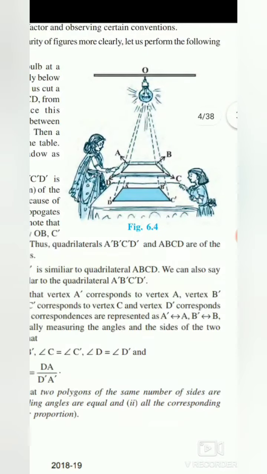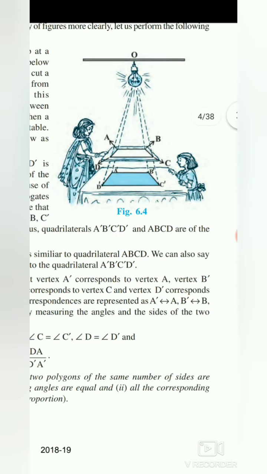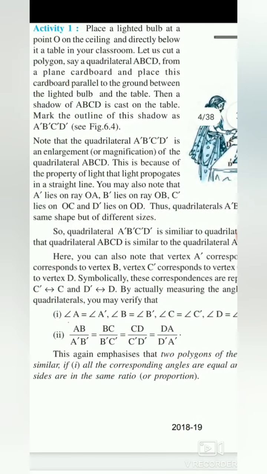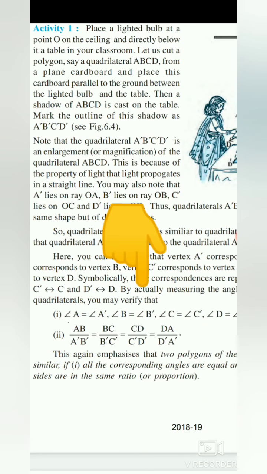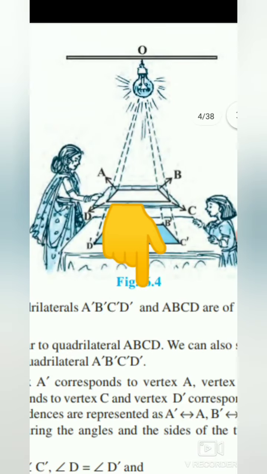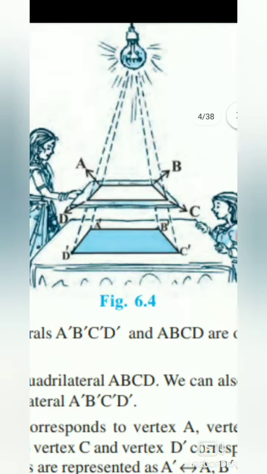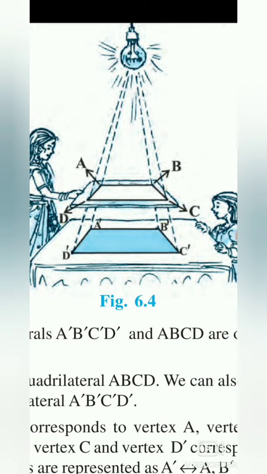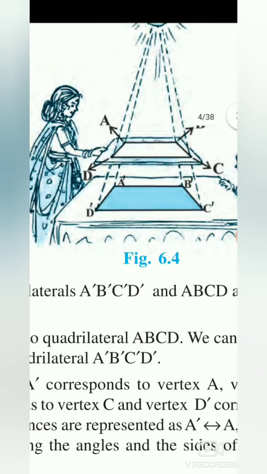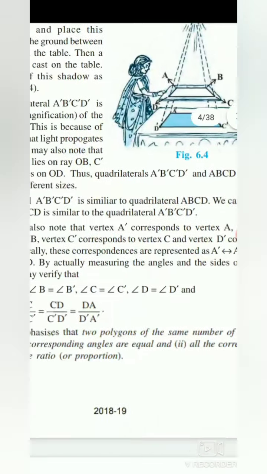When we are imposing, A dash corresponds to A, B dash corresponds to B, C dash corresponds to C and D dash corresponds to D. We have to impose like that. Where A is, A dash will be there, where B is, B dash will be there, where C is, C dash will be there, and below that D dash should be there.